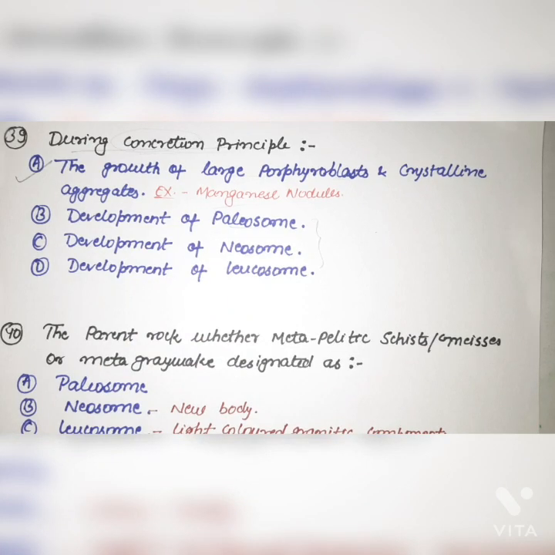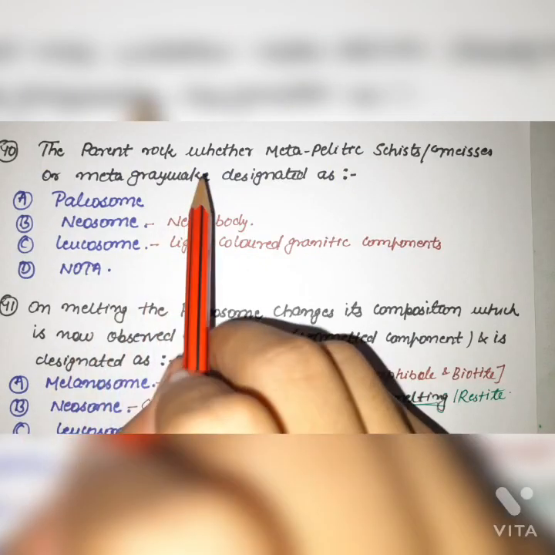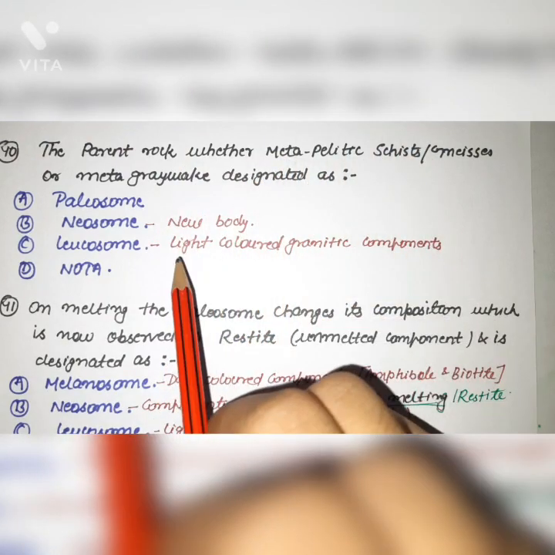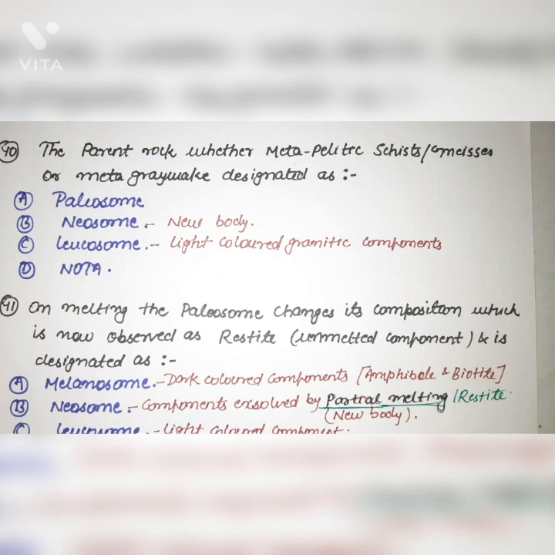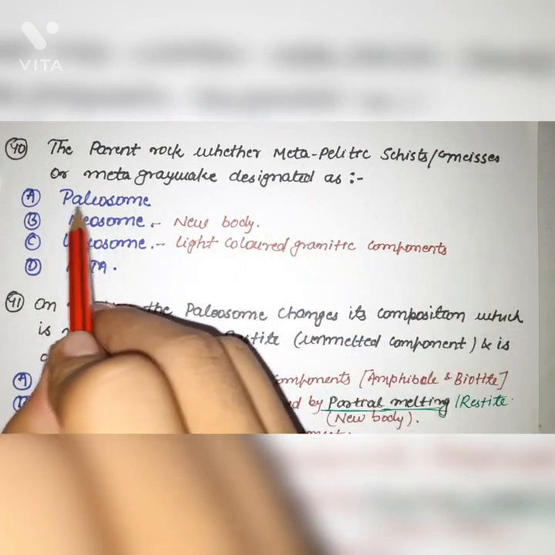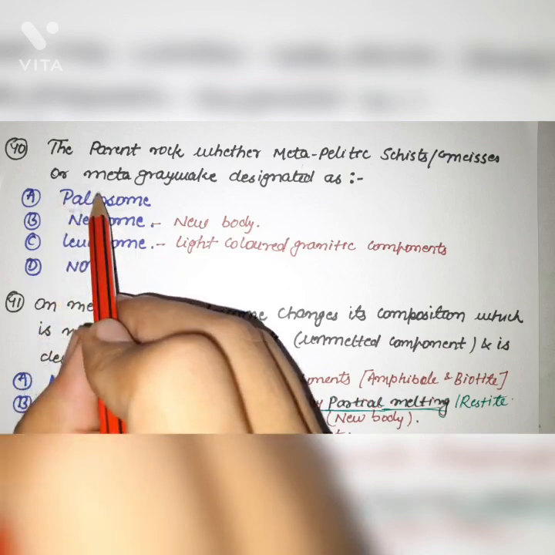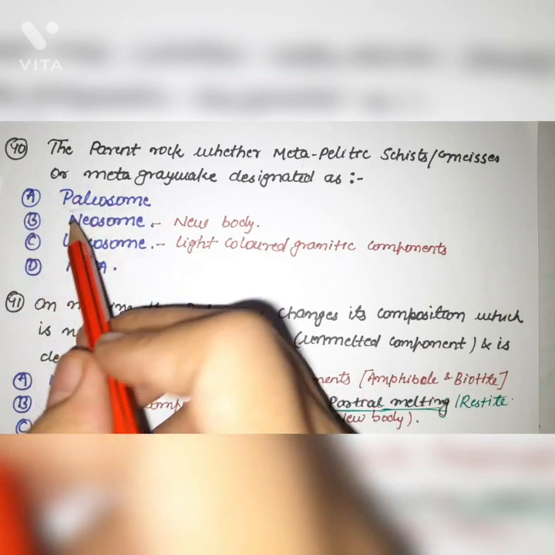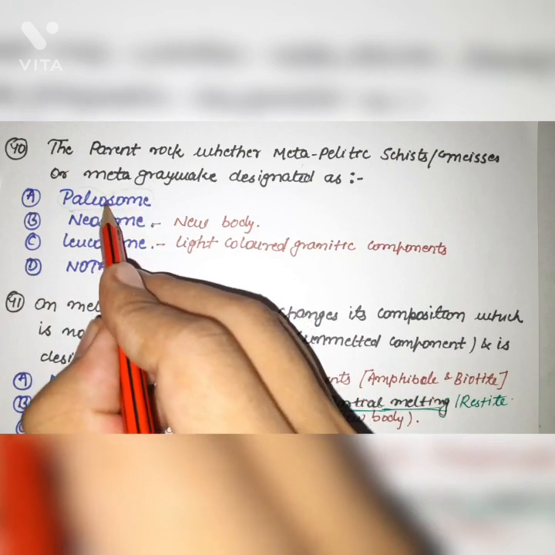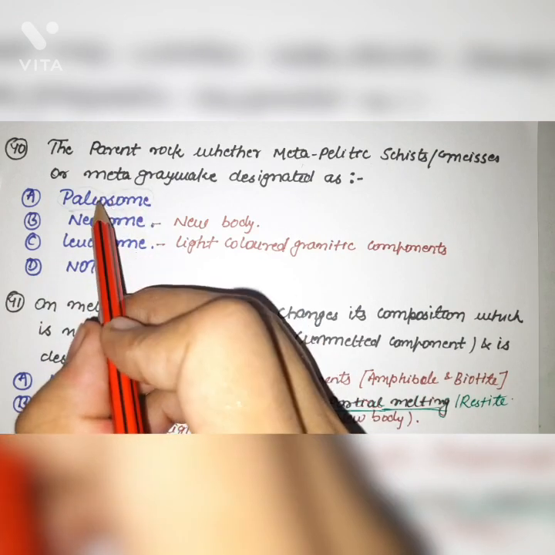Now next question says, the parent rock, whether metapelitic schist or gneiss or metagraywacke, is designated as. So this is the clear definition of paleosome, that paleosome is parent. Paleo means ancient, or coming from earlier, and some means body. So these are the parent rock body.